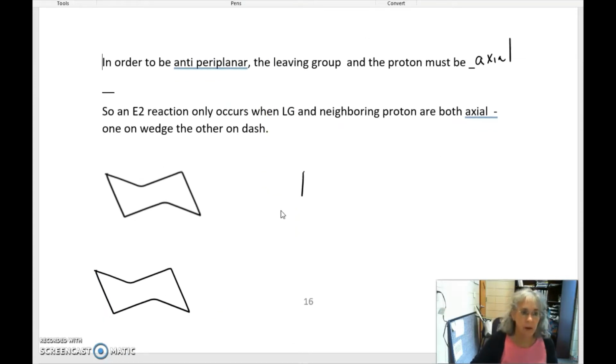If we've got our wedge and dash diagram here, and we'll put our chloride, our halogen, on a wedge, and I'm going to put a methyl group over here and another methyl group over here. So this position is blocked. There are no hydrogens over here.